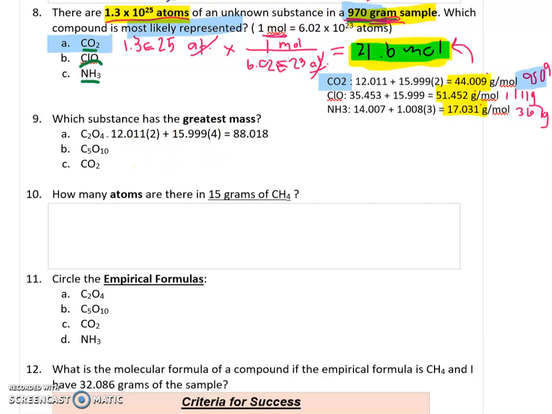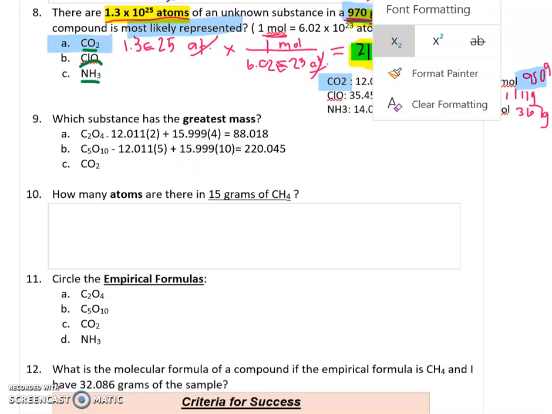Next problem, we got 12.011, because that's carbon, times 5, because there's 5 carbons, plus 15.999, because that is oxygen, times 10 oxygens, because there's 10 of them. 12.011 times 5 plus 15.999 times 10 is equal to 220.045.